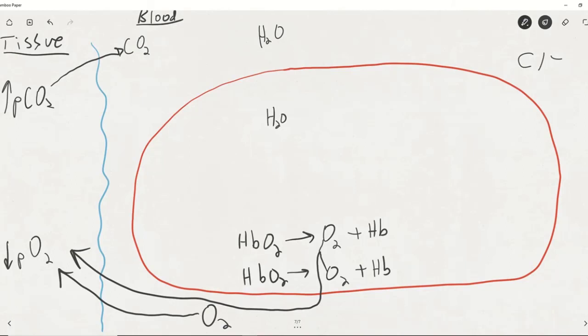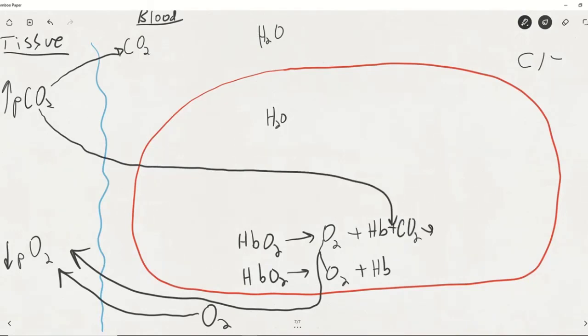Some CO2 attaches to hemoglobin, so it diffuses into the blood, it diffuses into the erythrocyte, and meets with hemoglobin to make HbCO2, carbaminohemoglobin. I don't want to try and write that in this small space, but here is carbaminohemoglobin.